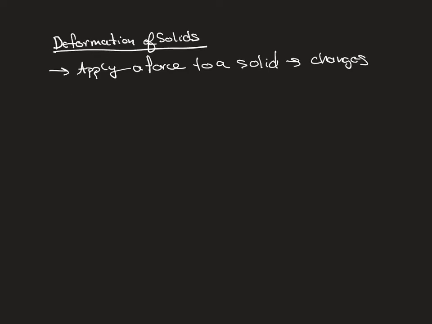And we talked about this a little bit earlier when we talked about inelastic collisions, because as two objects, even if they seem very hard, collide with each other, there's a little bit of compression which applies a force over distance and leads to a loss of kinetic energy. So once again, we're applying a force to a solid and seeing that it changes shape.